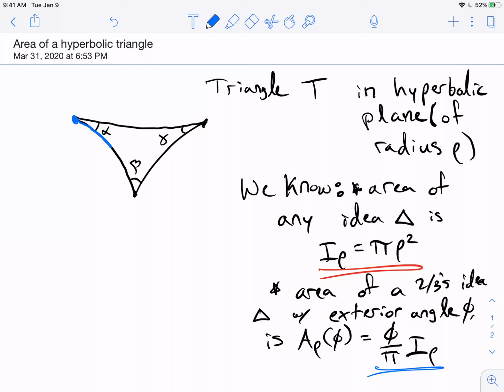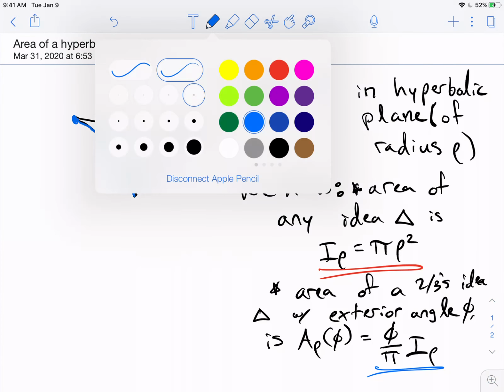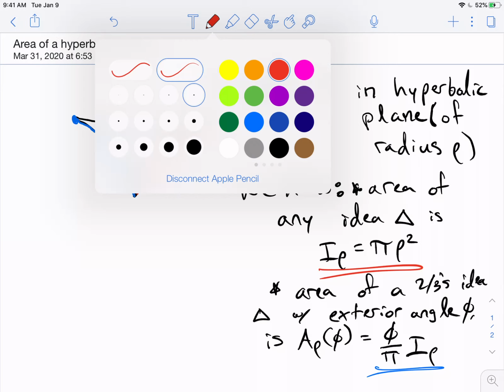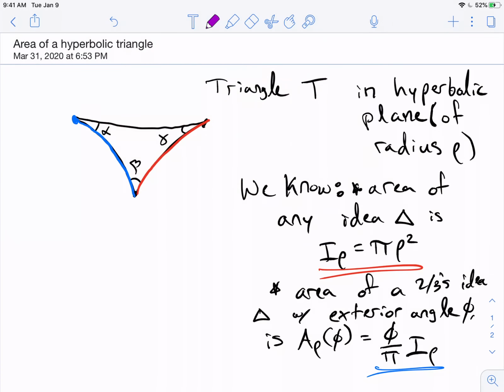So I'm going to color these edges to distinguish them. And my hint is, let's extend the edges, kind of like we did on the triangle on the sphere.